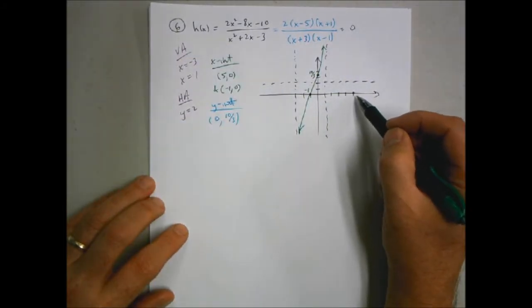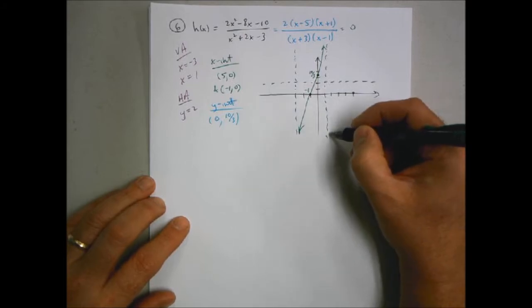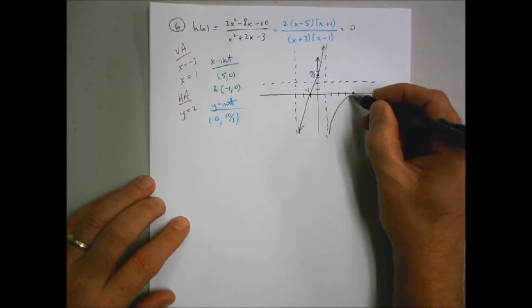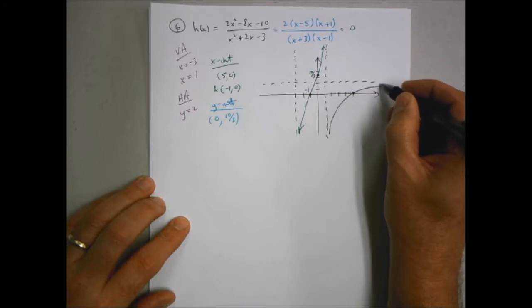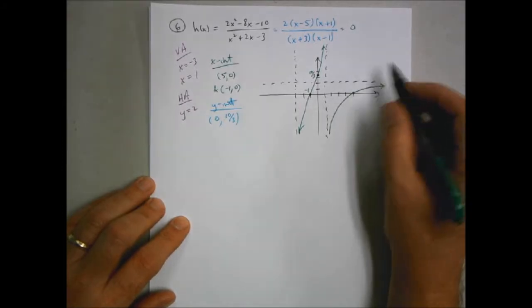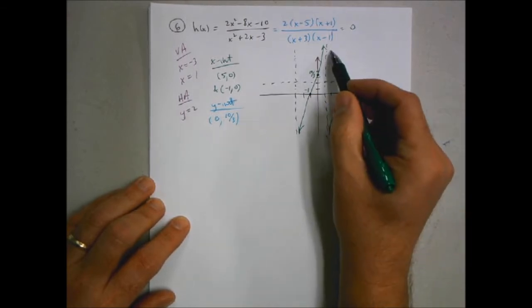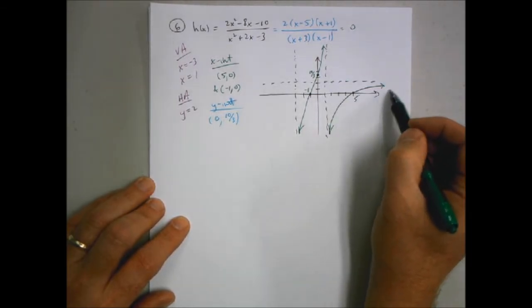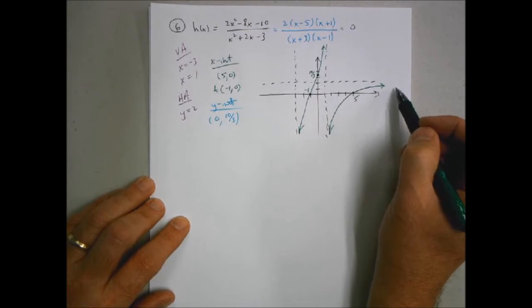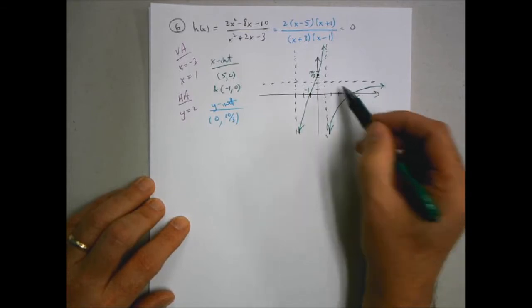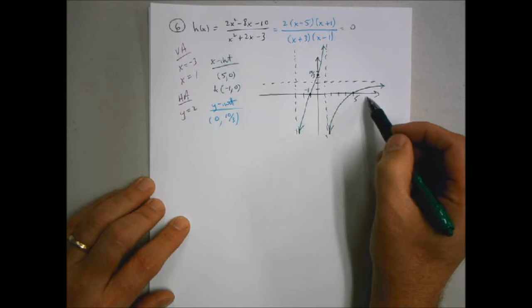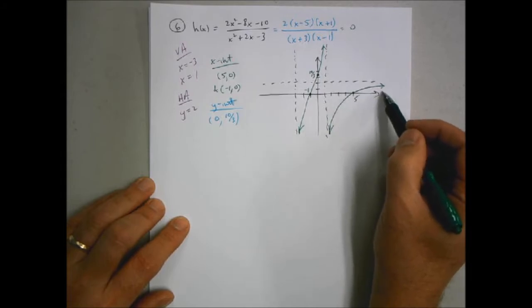Could not be coming from up high, going through and then somehow making its way back to elevation 2, because it would have to cross the x-axis if it came from up high again, somewhere out to the right. So this is the only possibility. Out here to the left, could I be coming from down low going to elevation 2? No, you'd have to cross the x-axis. So it must be coming from up high going to elevation 2 as it goes out to the left forever.